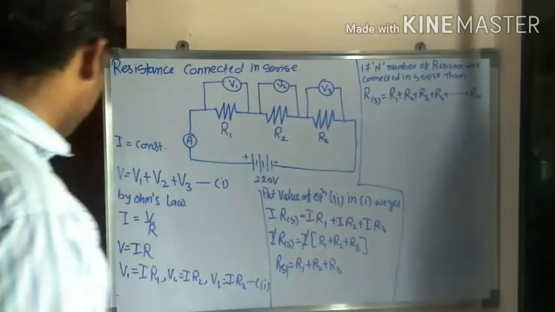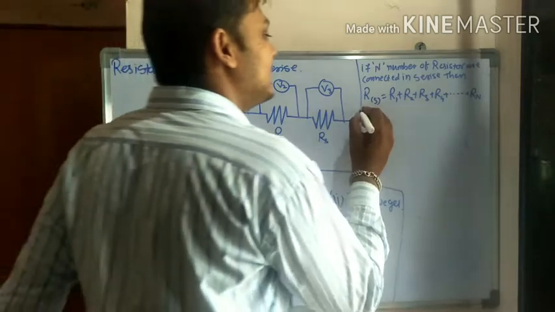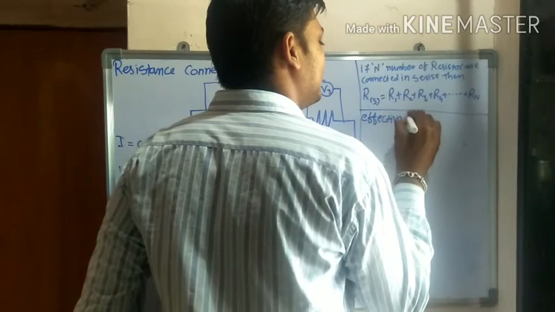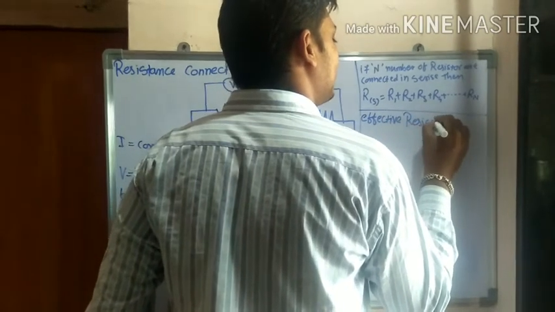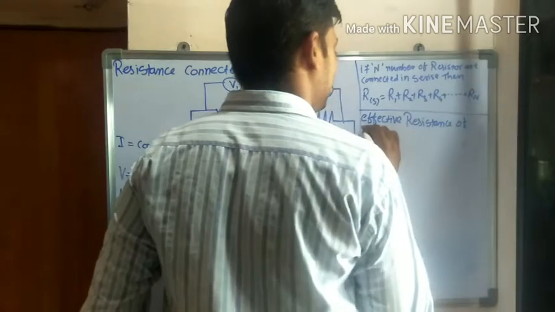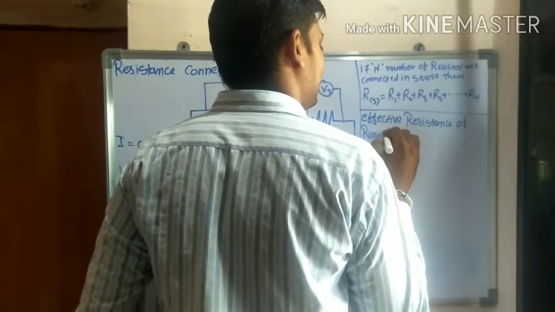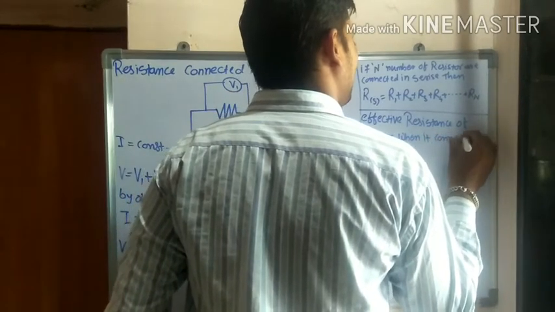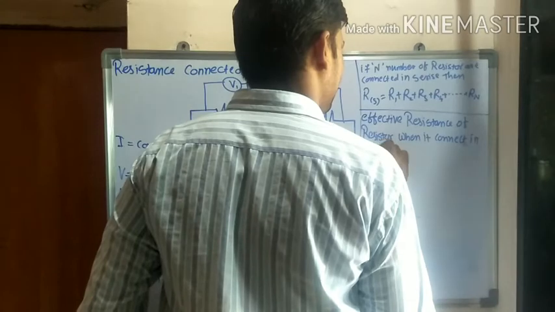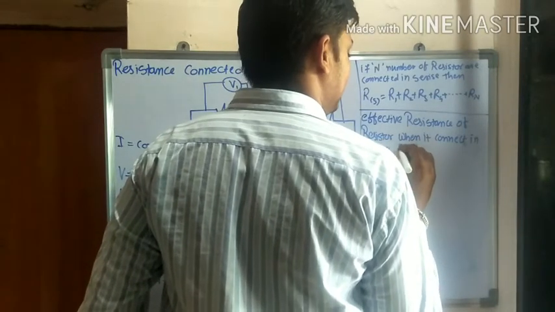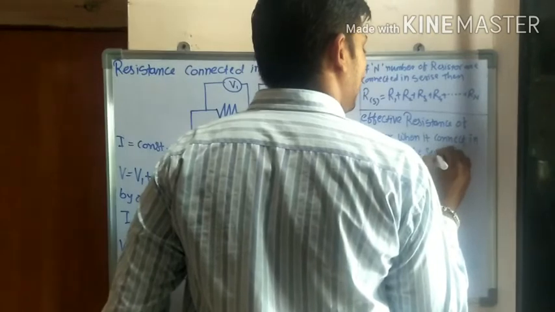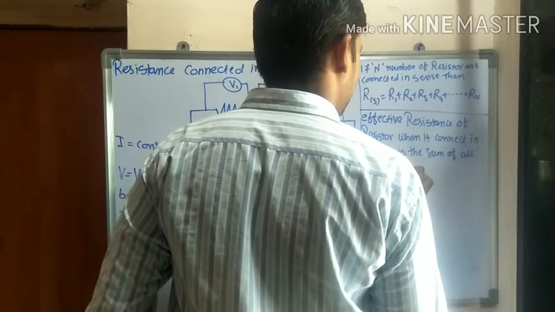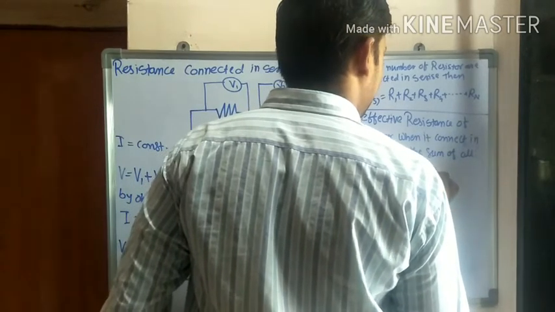मैं यहाँ पे स्टेटमेंट आपको यहाँ पे कोट कर देता हूँ. यहीं पे: Effective resistance of resistor when it connect in series is the sum of all individual resistor.